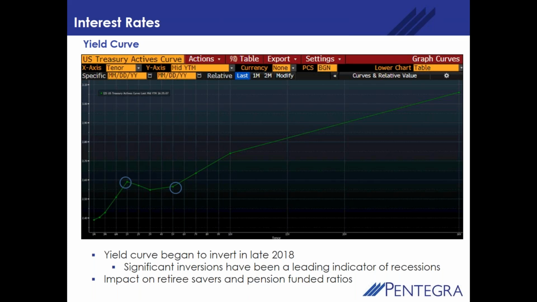But the key question is whether higher interest rates actually slow down the economy. Because if it does, then you may have lower liabilities, but you're going to have lower assets as well. So it's not going to help your funded ratio as much.